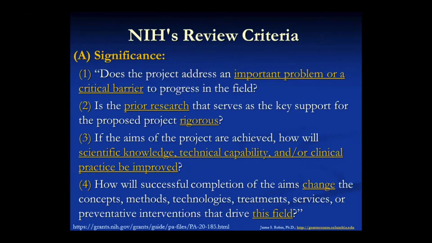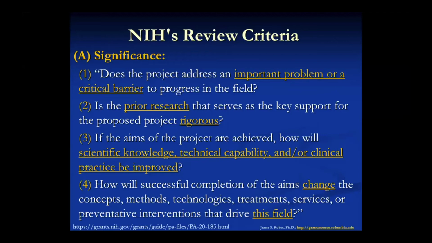Is the prior research that they're basing their research on rigorous? I mean, the prior research is sort of the foundation of what you're proposing. So is the foundation that forms the basis of what you're proposing a strong foundation or a weak foundation? Is it rigorous? And if there are problems with the foundation, if you will, the prior research, how are you going to mitigate that?